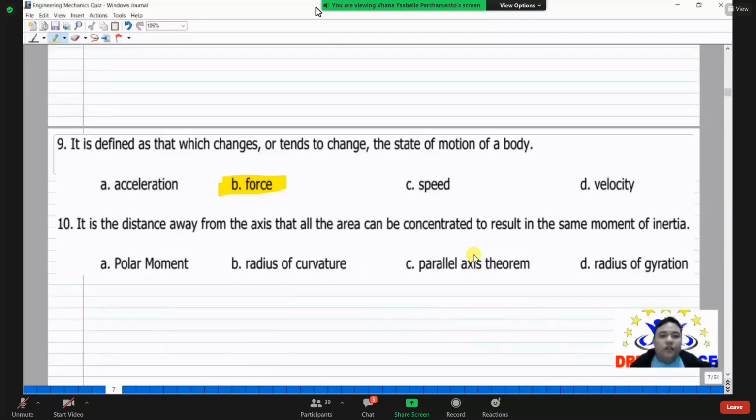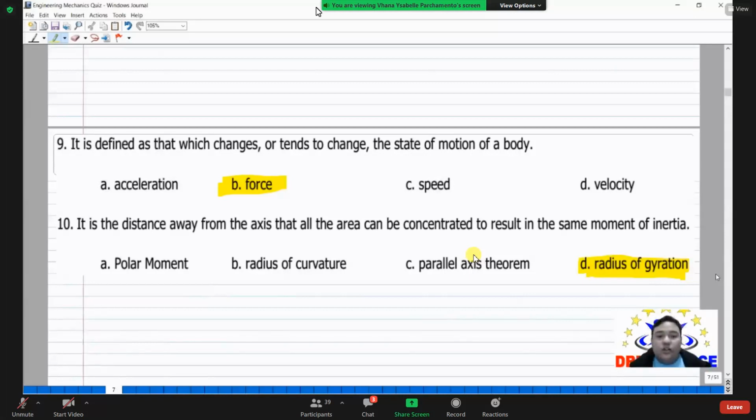Number 10. It is the distance away from the axis that all the area can be concentrated to result in the same moment of inertia. So this is the radius of gyration. Letter D. Radius of gyration pa. Yung radius of curvature that is on the movement of the body or the particle or the object along a straight path or curve, I should say, curve path po.